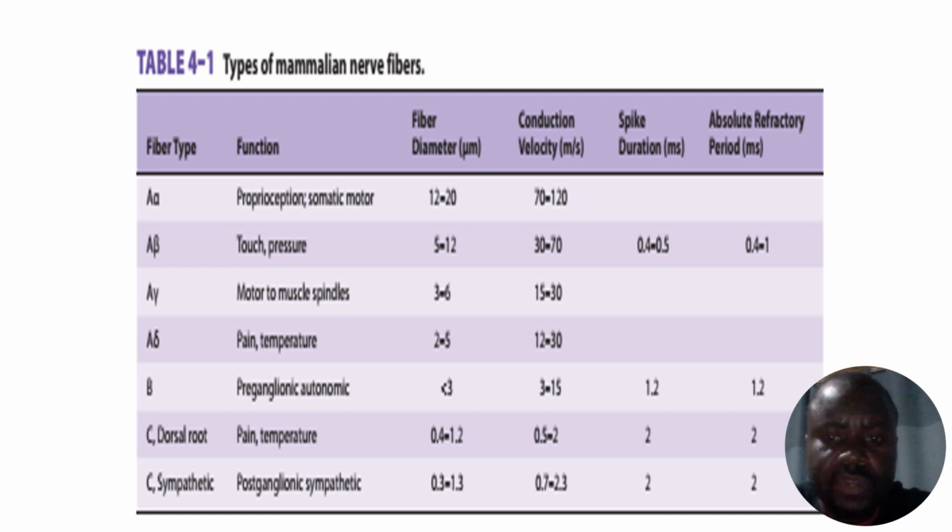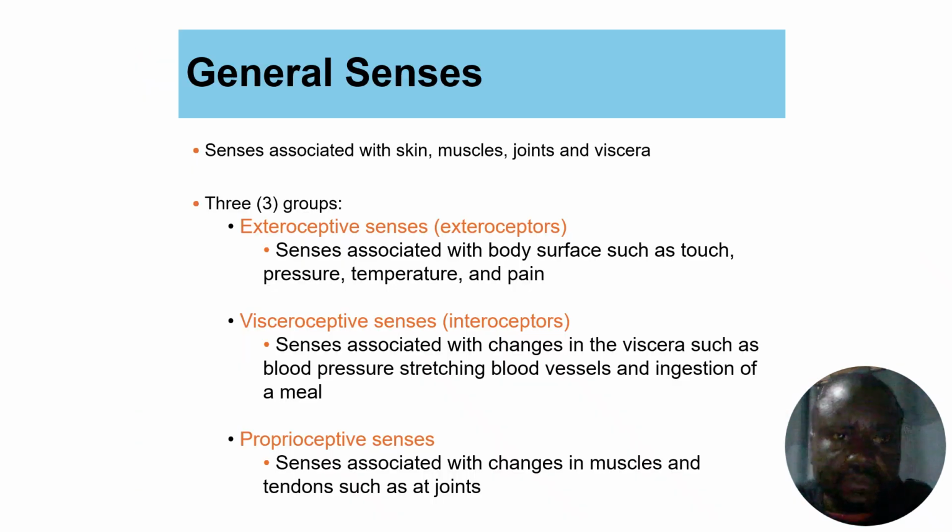We are going to see when we classify different types of pain, there is fast and slow depending on which fibers transmit that information. Type A delta fibers transmit fast pain. So fast pain is conducted by type A delta fibers, and slow pain is transmitted by type C fibers.